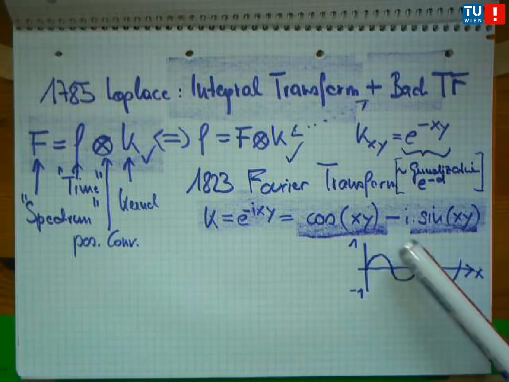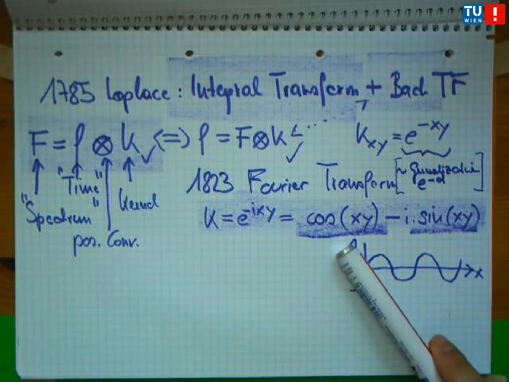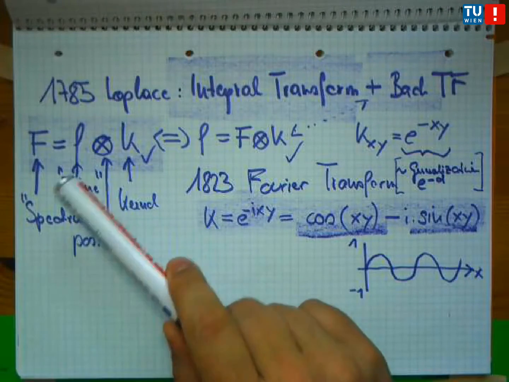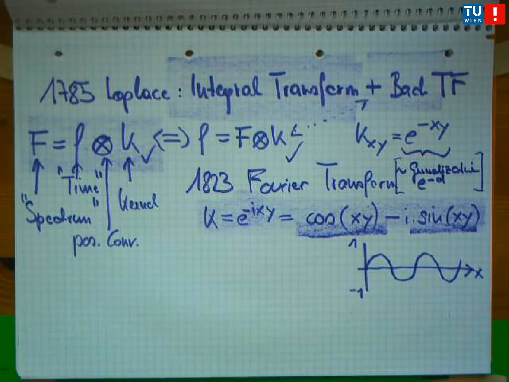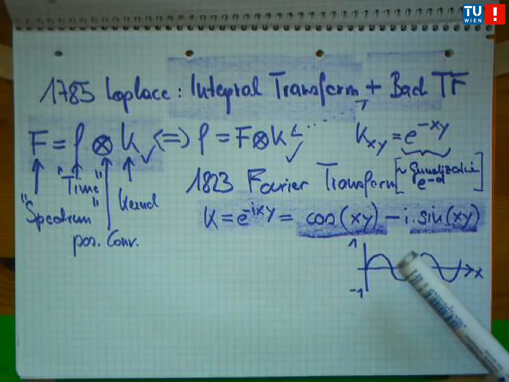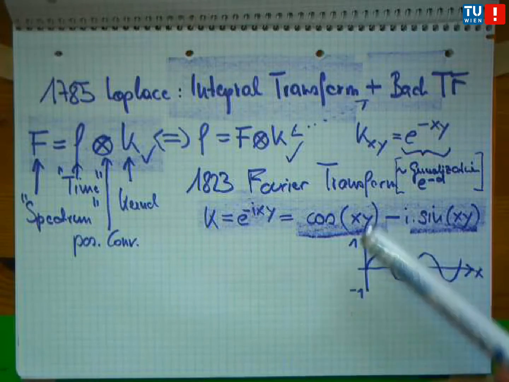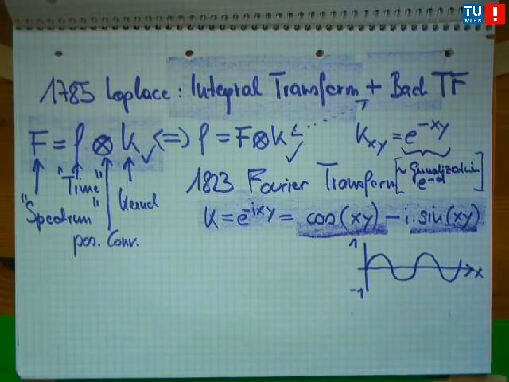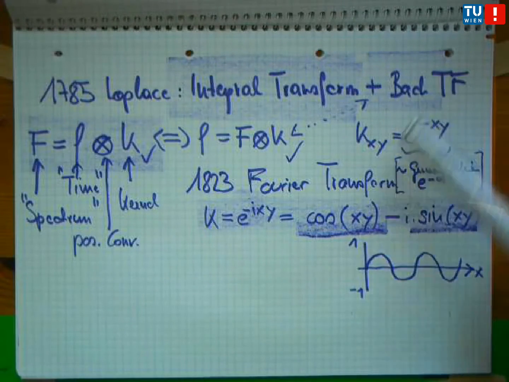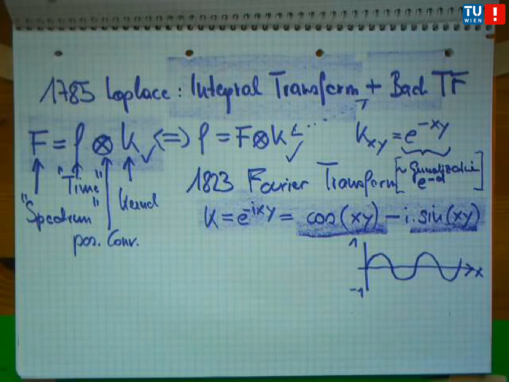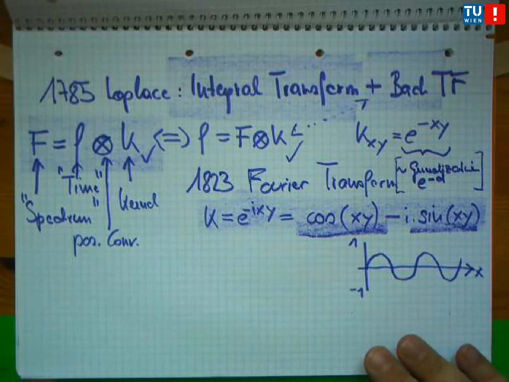So interpretation would be much easier of the spectral values, of the spectral coefficients as they are called, much easier for the Fourier transformation than it was for the Laplace transformation. That was one big advantage. And that is the one that is relevant for us.